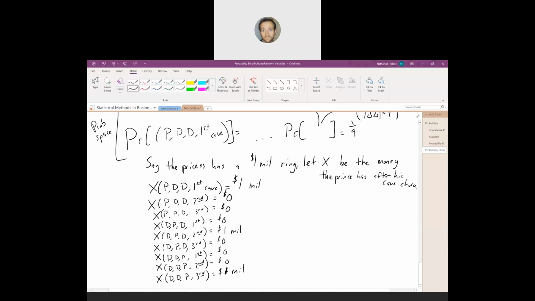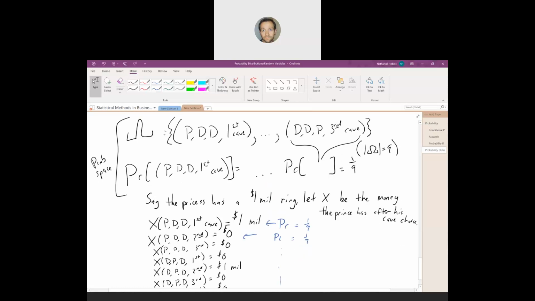So this is now a random variable. But there's something else that I guess I'm not saying. Along with each of these, there's also a probability. So the probability of this is equal to 1/9. The probability of that is also equal to 1/9. And each of them all have a probability equal to 1/9. So a random variable, don't forget, it's a set of numbers, but it's built from a probability space.